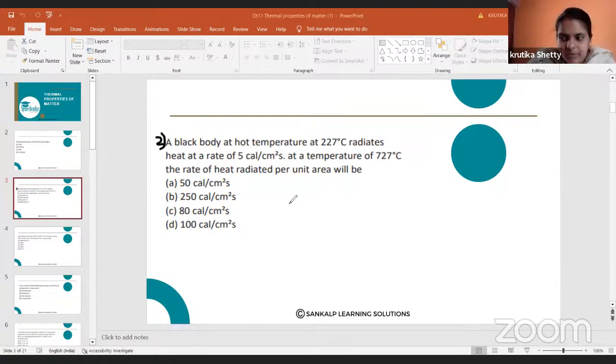R1 by R2 is equal to T1 by T2 to the power of 4. R1 value is given, that is the heat rate 5, divided by R2, which is equal to T1, T2.